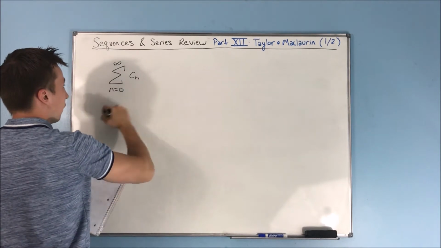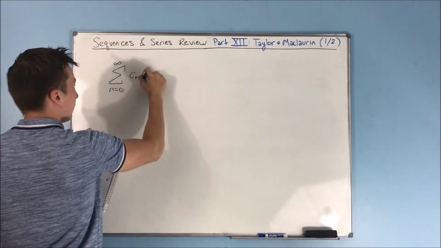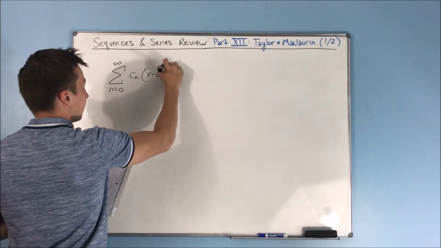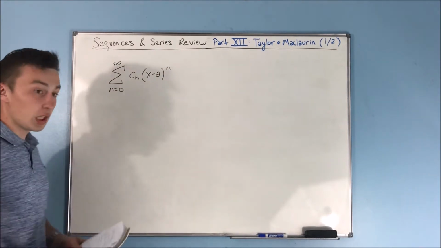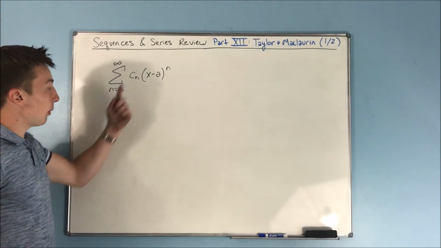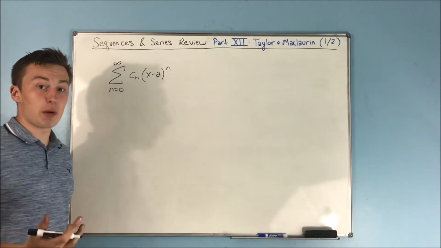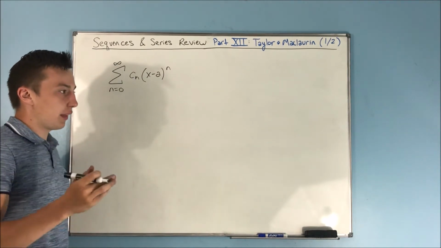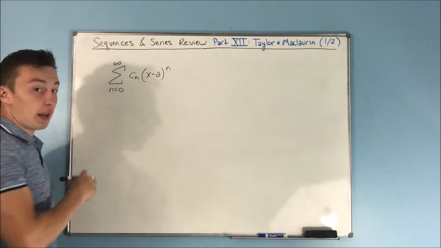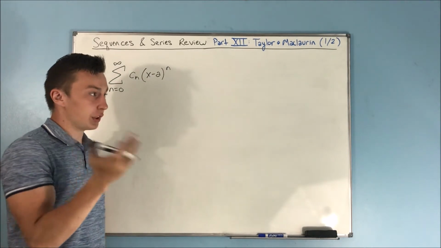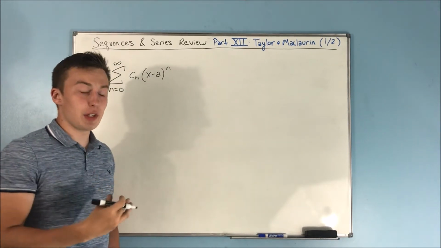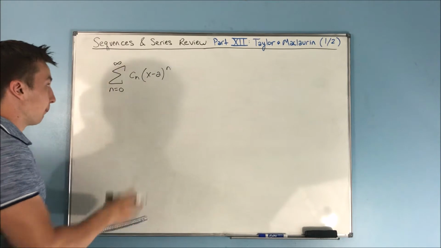the sum from n equals 0 to infinity of c sub n times x minus a to the nth power. Now what we did was we expressed c sub n in terms of our derivative, and I did a long thing on that. If you want to see how we find that, you can check out the explanation video on Taylor and Maclaurin series.